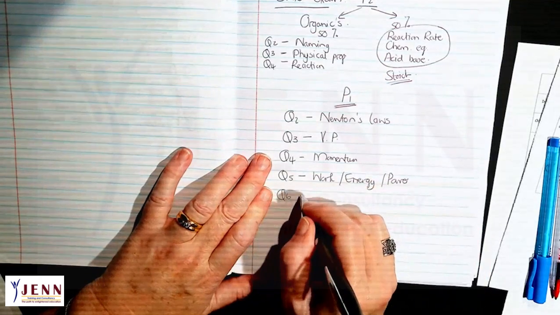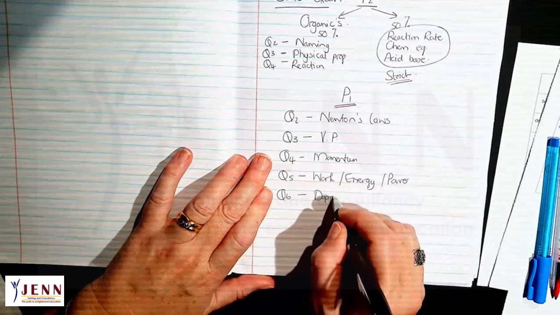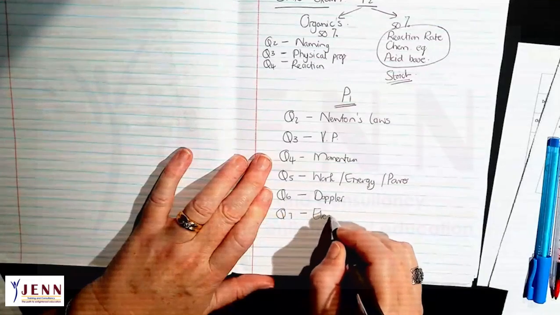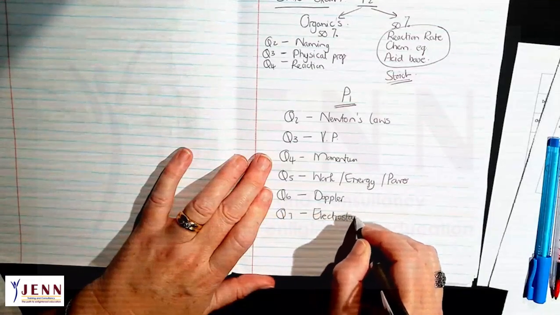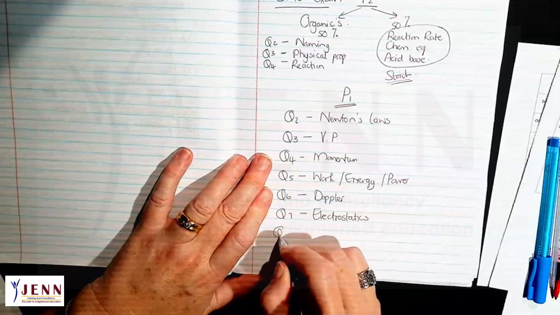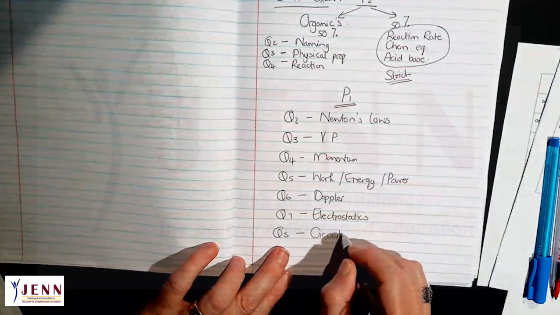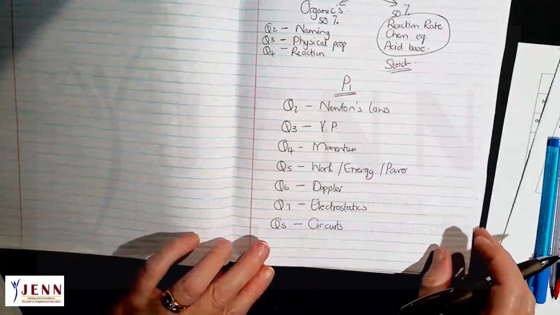Question 6 will be Doppler effect. Question 7 will be electrostatics. And question 8 will be circuits. Okay, so that is how your paper looks like.